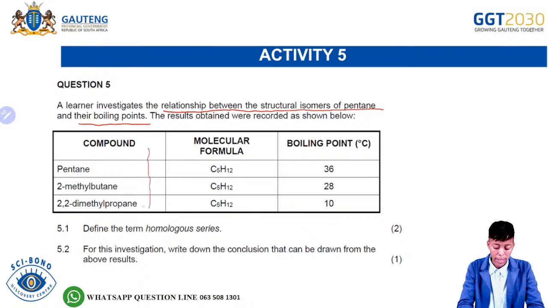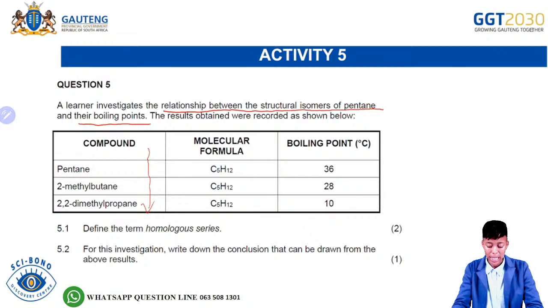We are given the compounds, and those compounds are the structural isomers of pentane. For those structural isomers of pentane, we are given the molecular formula of the 3 compounds. We are also given the boiling point in the last column. Okay.